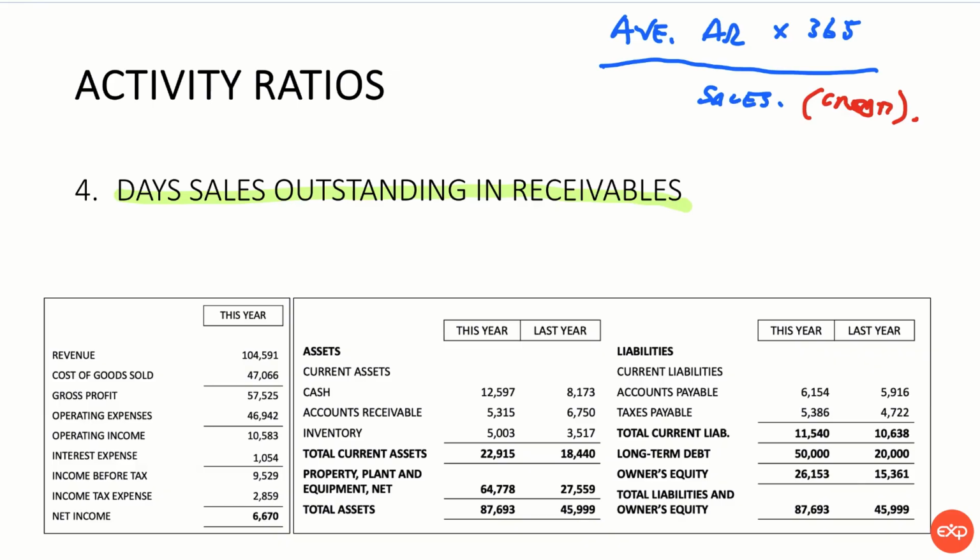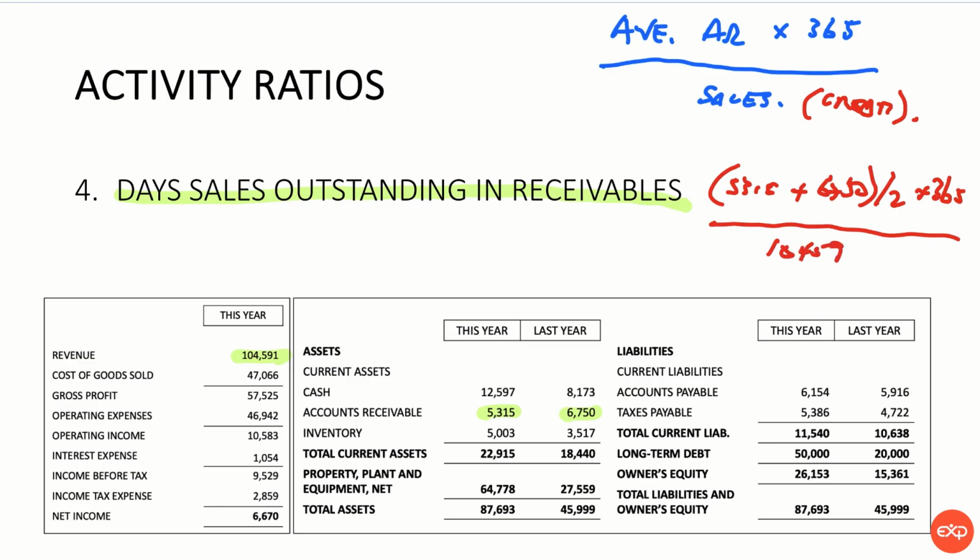We're looking at average AR, which is these two numbers here, and the revenue number, which is 104591. You'll see that the components are actually just structured differently. Let's plot it out now. Average AR, which is 5315 plus 6750 divided by 2 times 365 over 104591. So that is 21 days.